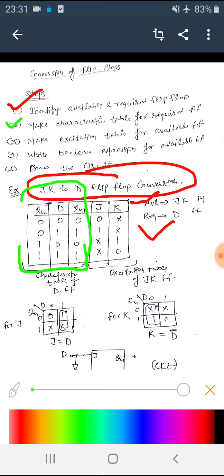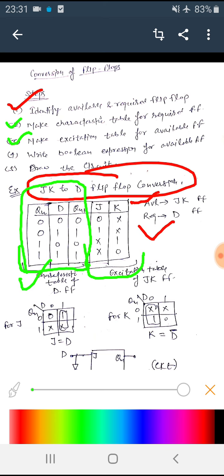So I have written a table. This is the characteristic table for the D flip-flop. The third step is to make the excitation table for the available flip-flop, which is the JK flip-flop. This is the excitation table which we have just seen in the previous slide.